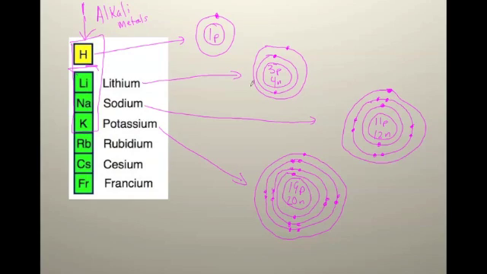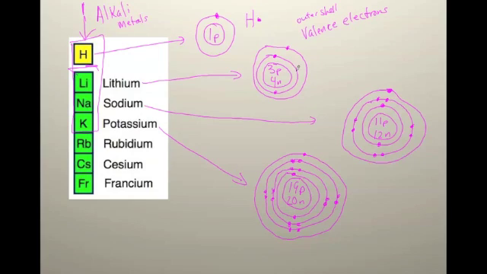Now, if we're going to write a Lewis dot structure for each one of these, we would just write the symbol and the 1 electron dot for the corresponding valence electron. Remember, these valence electrons just means outer shell, outermost shell electrons.